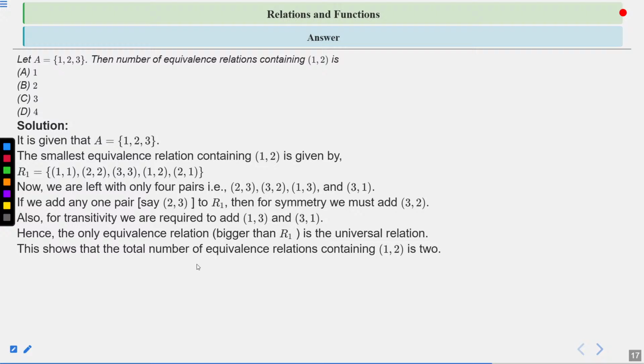This shows that the total number of equivalence relations containing (1,2) is 2. There must be only 2 relations which contain (1,2) and are equivalence relations. The correct answer is option B, so there will be 2 relations.